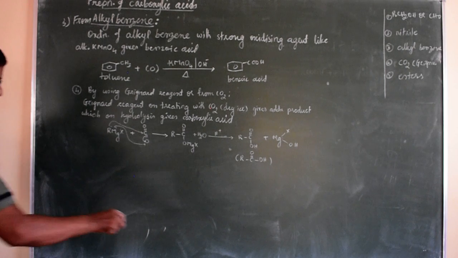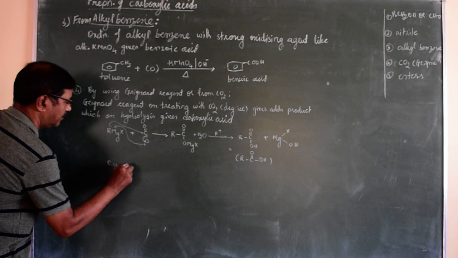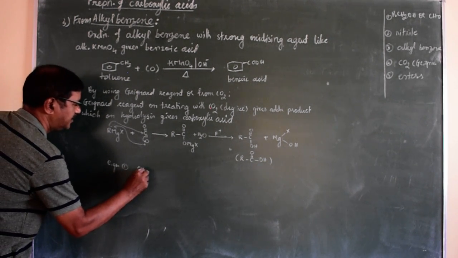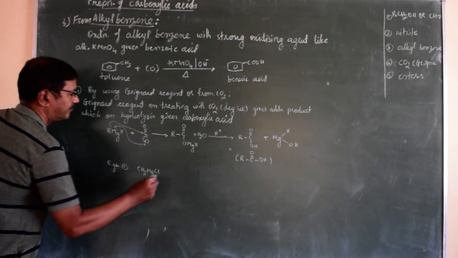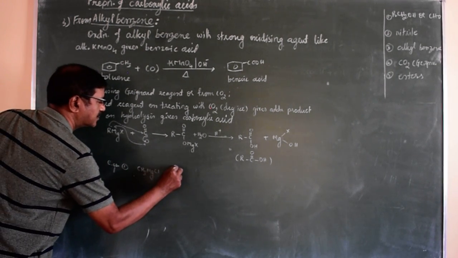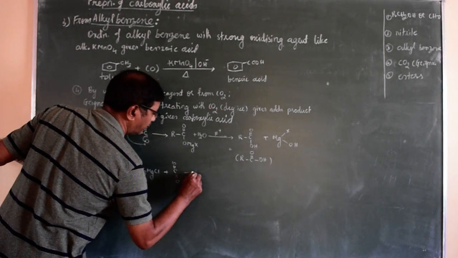So examples. You have to complete these at home. Number 1, CH3 MgCl plus C double bond O double bond O. You have to complete this one at home.